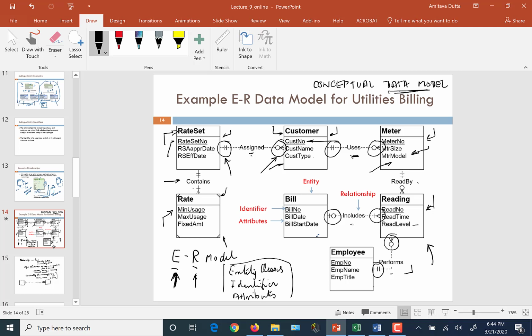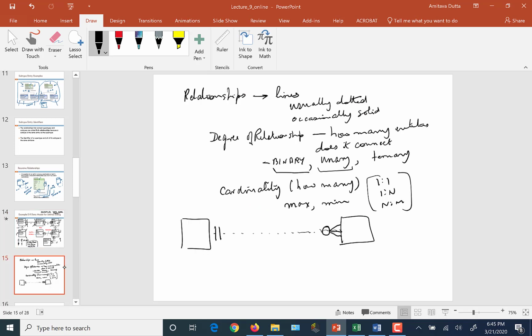I've taken these two symbols at the two ends of this line called assigned. One is the rate set and the other is customer, or for that matter, let me take customer and meter. Again, you have the same symbols: two vertical bars and this particular symbol here. Let me write, this is customer and this is meter.